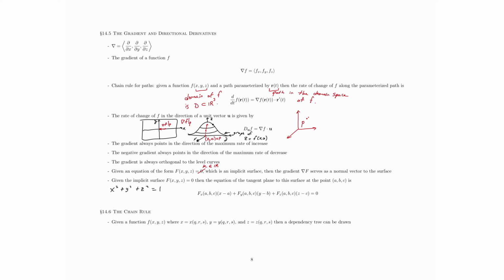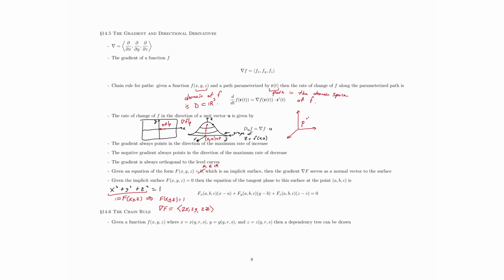So what I can do here is call this left-hand side capital F of x, y, and z. Then the equation of the sphere is given by F equals 1. So if you take the gradient of this function that we just defined, we'll have 2x, 2y, 2z, and this right here serves as a normal vector to the surface of the sphere. We call this the implicit form because this is an implicit surface. It's not solved for one of the variables.